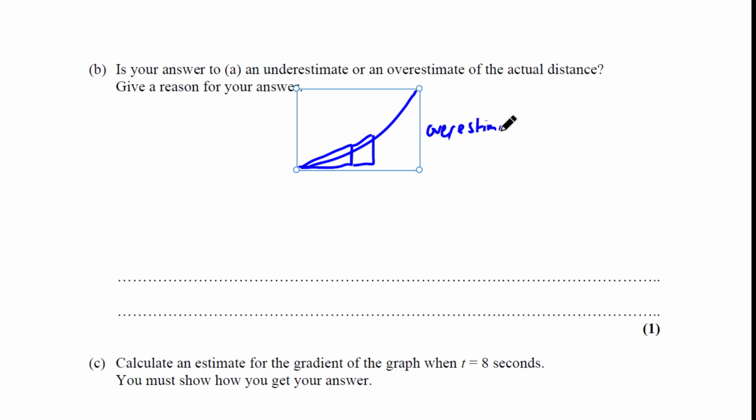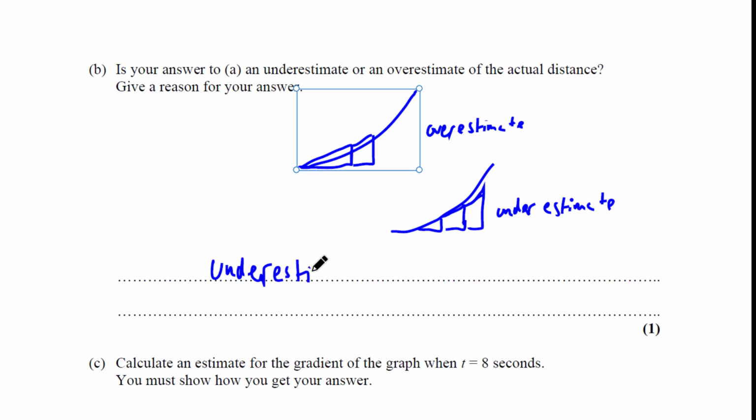So make sure you use a ruler, and if the trapezium that you're measuring is under the curve, then it's an underestimate. And in this instance I believe it's under the curve if I use the ruler, so you say underestimate, the chord is under the curve.